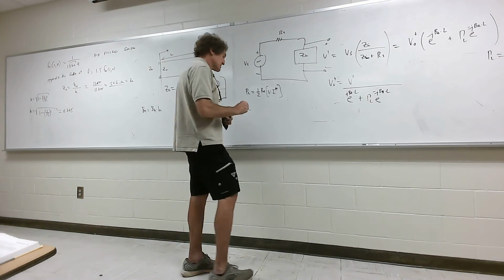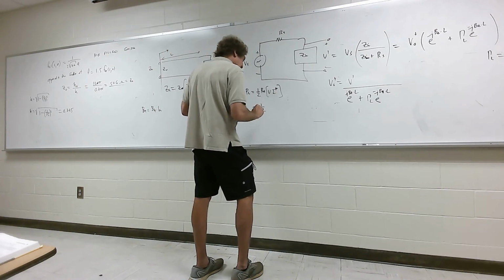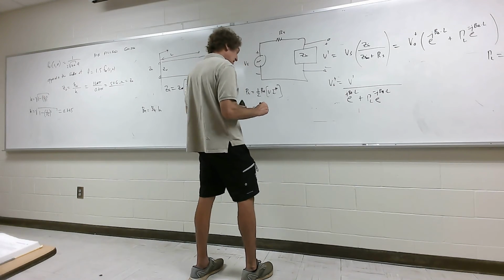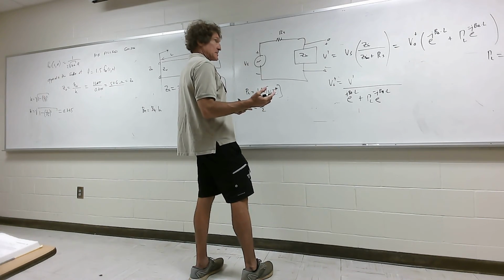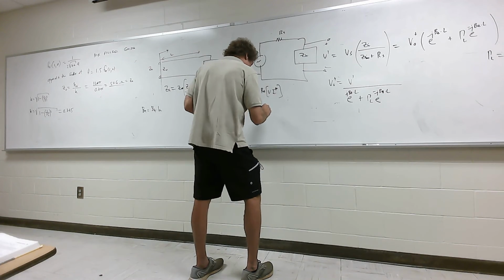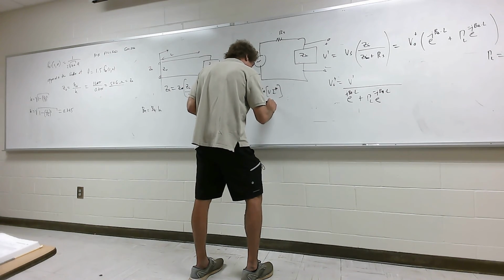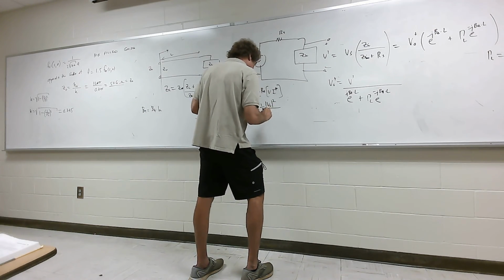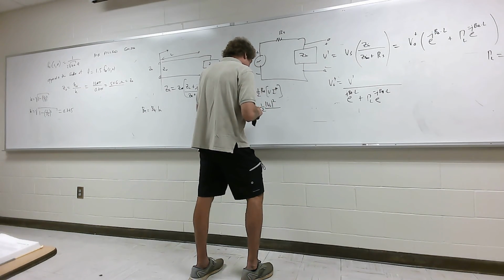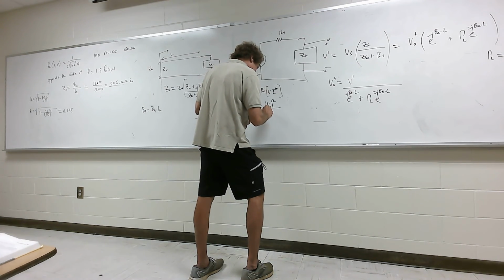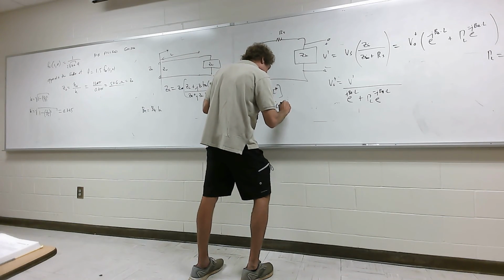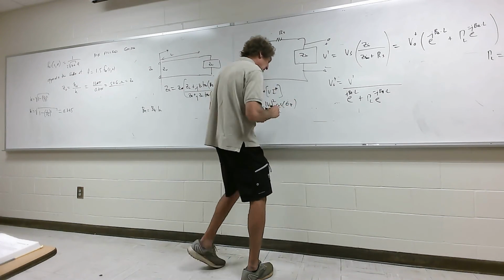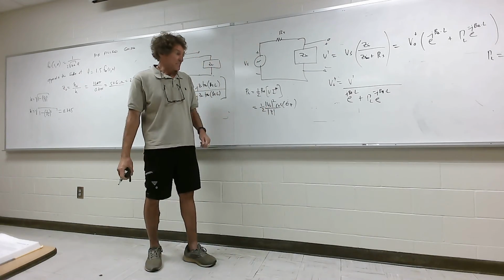Well, you can write this as simply 1/2, then you can take VL, square it, and it's going to be divided by the magnitude of the impedance here, and then the cosine of the angle of the impedance here.